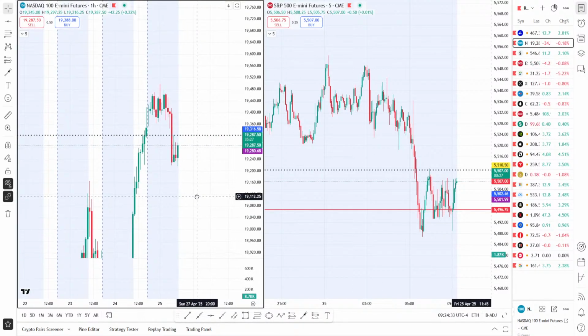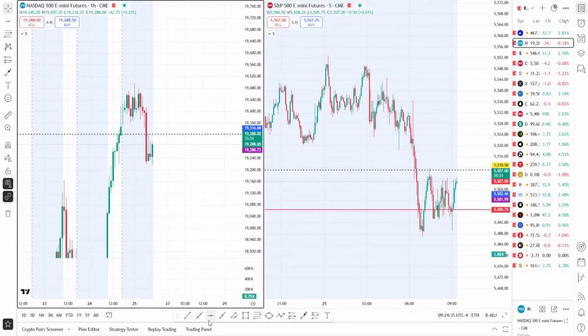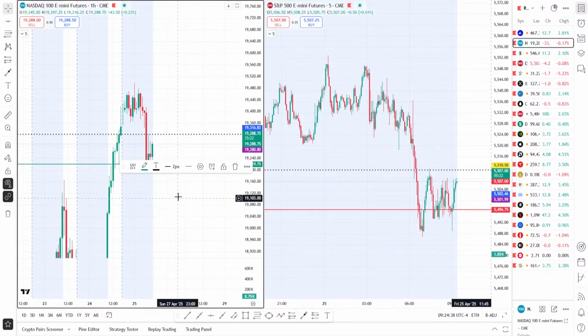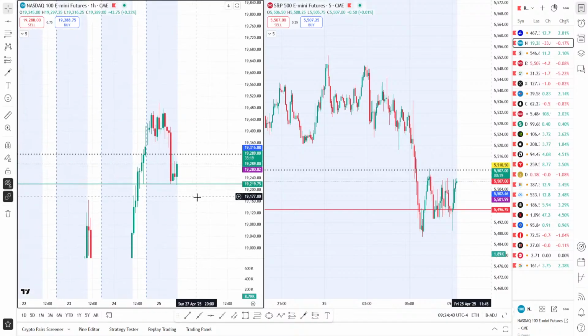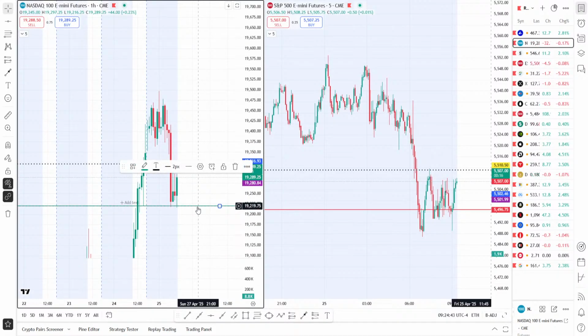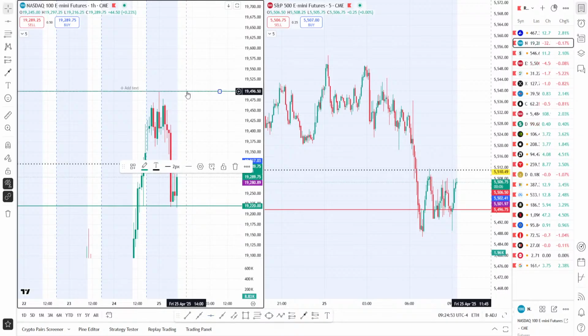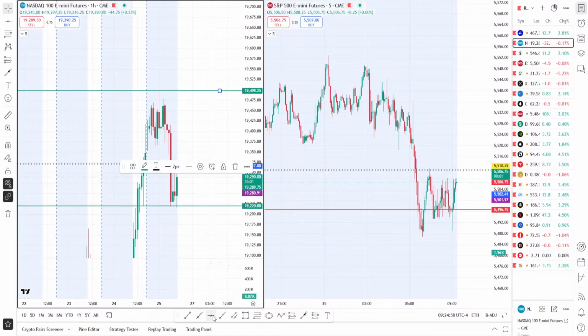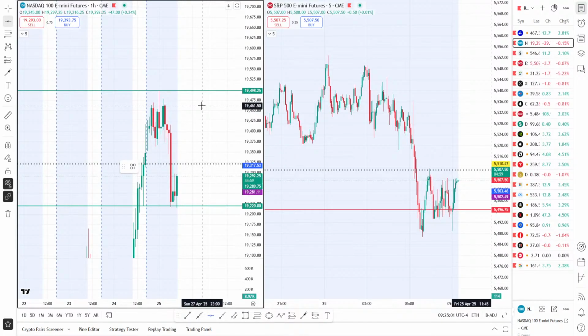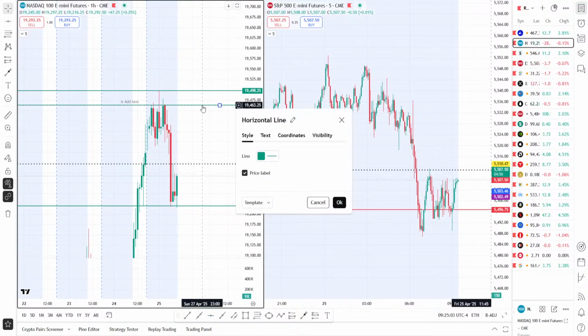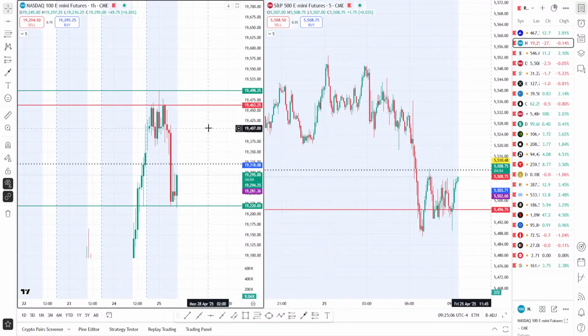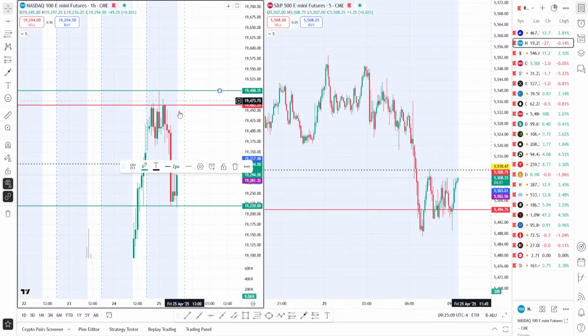One-hour time frame, and I'll mark my highs and lows. So there it is, my support and resistance.